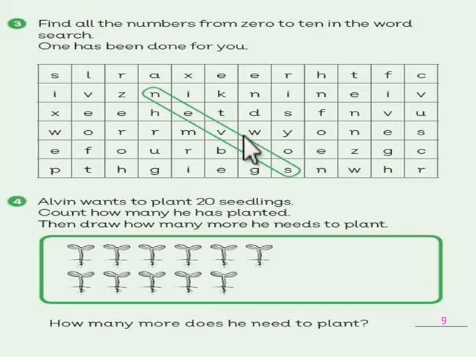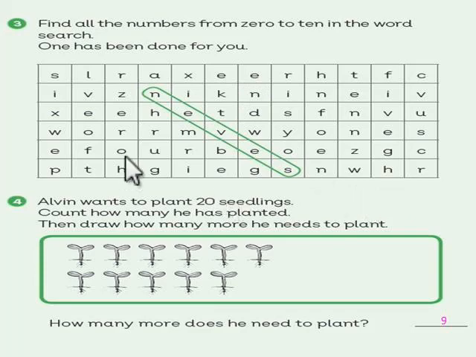Next, we have 3. How do you spell 3? T-H-R-E-E. Here. T-H-R-E-E. 3. Circle. Next, 4. F-O-U-R. Here. F-O-U-R. 4. Next, 5.